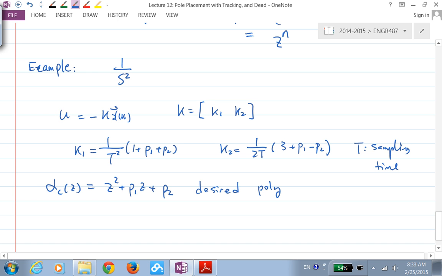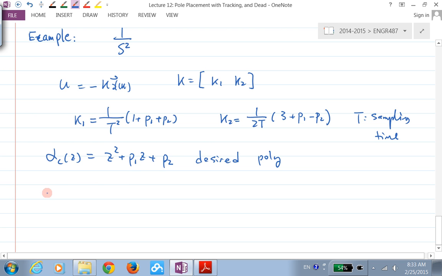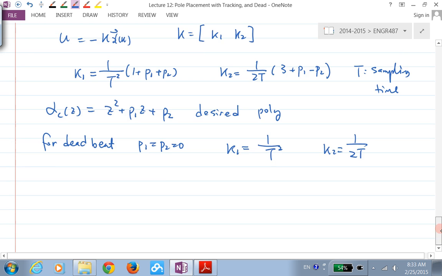If I choose a deadbeat controller, which means P1 and P2 will be 0, then for deadbeat, P1 equals P2 equals 0. That means K1 will equal 1 over T squared, and K2 equals 1 over 2T.